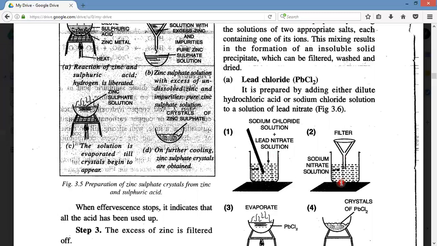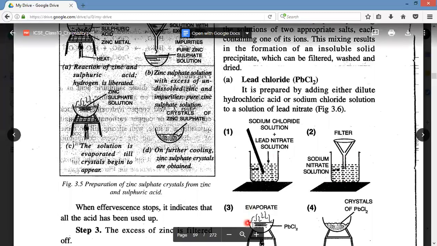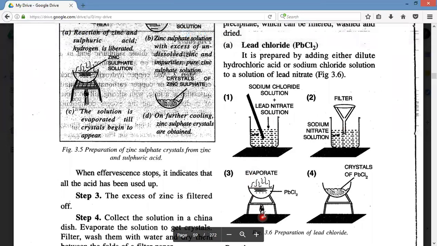When we get the filtrate, transfer that filtrate to the china dish and heat it with regular stirring and no boiling. Again, at that moment, the crystallization point comes and we have to check that point. At that moment, stop heating and place your china dish on the water bath without disturbing it.